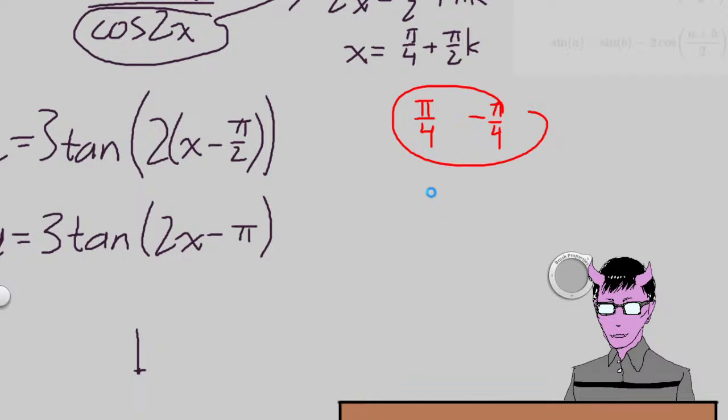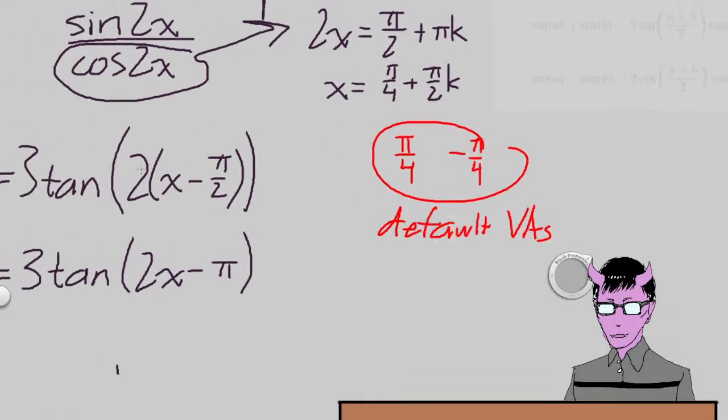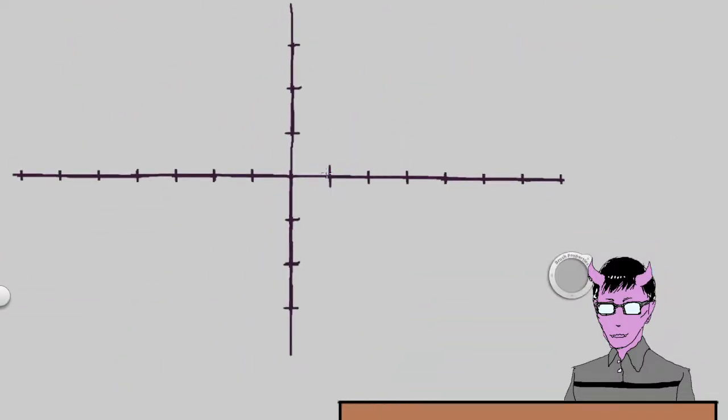So, default vertical asymptotes. Again, prior to any shifts, so this is only considering the fact that we have a 2 out in front. So if we go to here, first hash mark, second hash mark, that takes us to the first default vertical asymptote, and then 2 hash marks over takes us to the default other one. So this is going to be pi over 8, negative pi over 8.